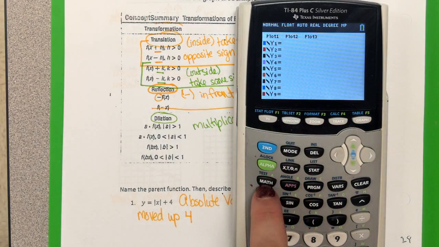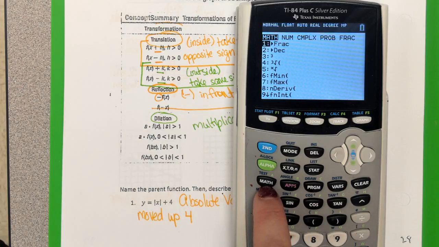Find your math button. That's what we're going to push first. It's right below the green button, okay? Push the math button. If you've got your paper copy, you might want to highlight where it says math so that you know what we're doing. Might want y equals first, and then we hit math. Y'all okay so far?